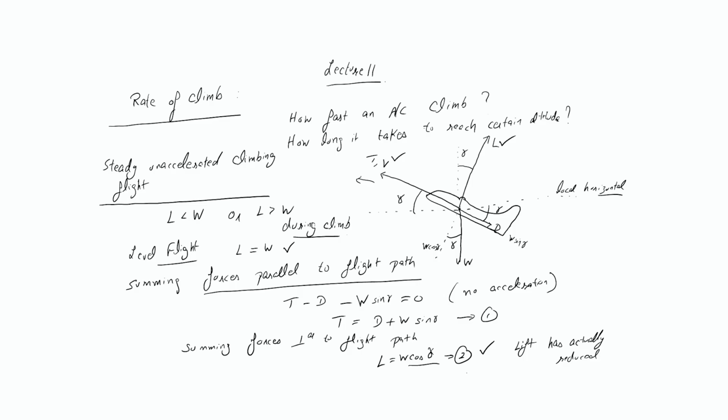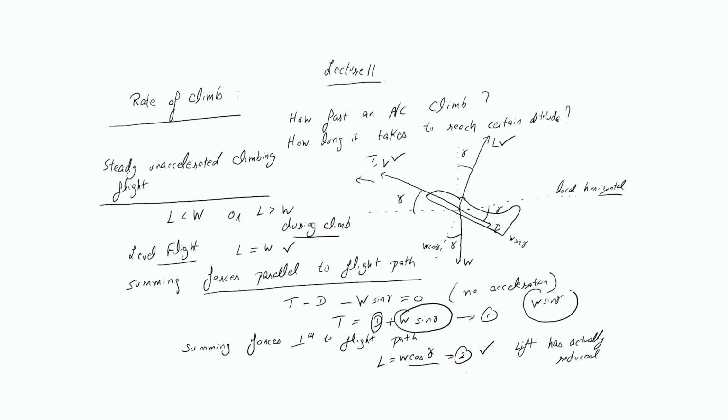You will get that answer if you focus on equation number 1, that is T equals D plus W sin gamma. Thrust is not only working to overcome the drag component; for climbing flight, it is also supporting a component of weight, W sin gamma.